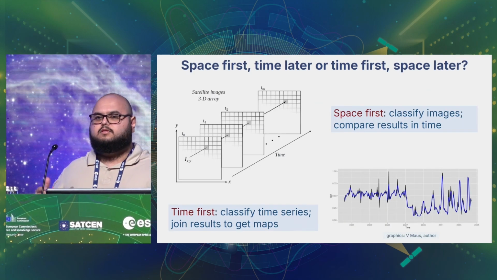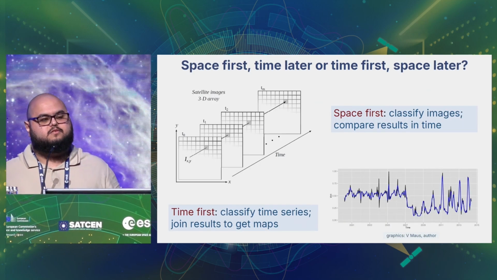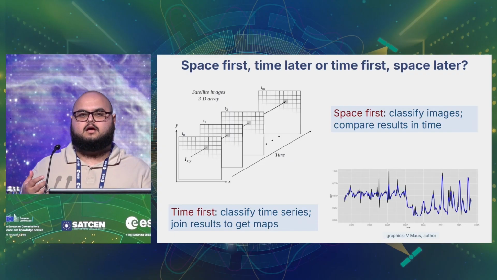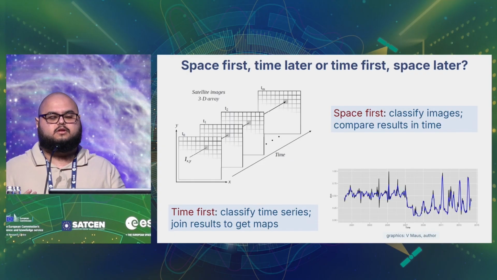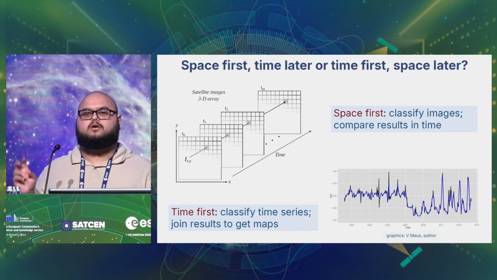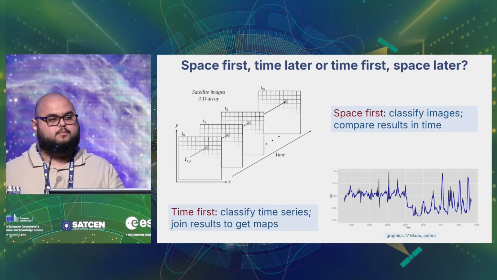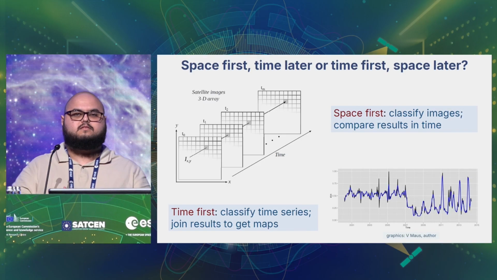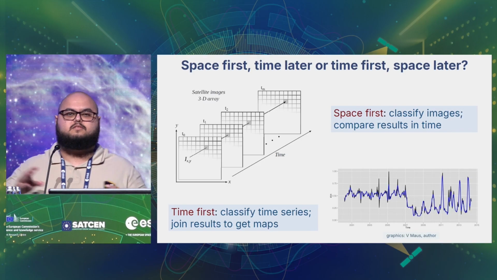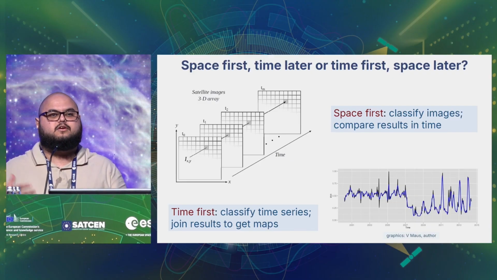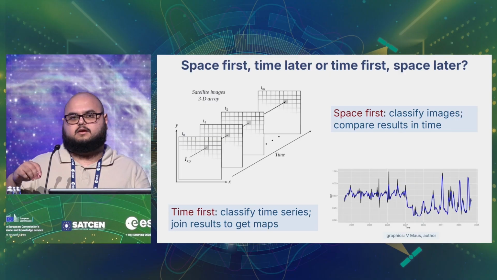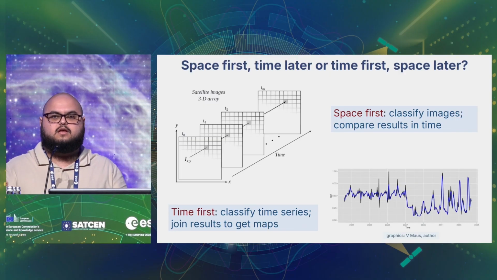Based on these data cubes and time series, to map and create land use and land cover maps we use what we call the time first, space later approach. In this approach, we use the time series to do the first-step classification, to detect what is in the image: deforestation, water, agriculture, and so on.